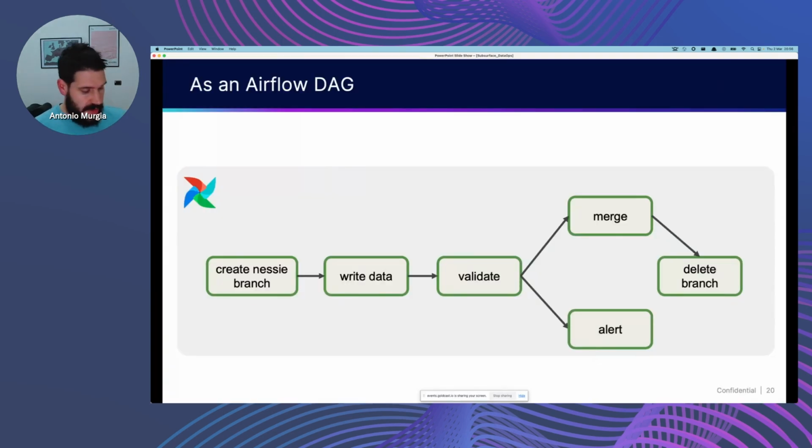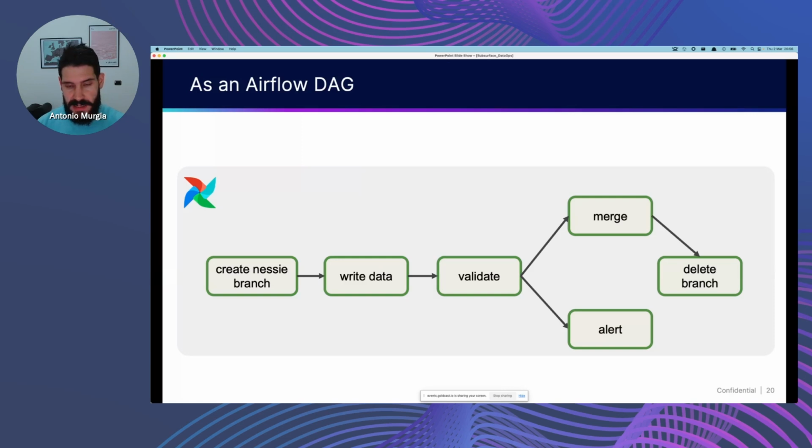And so here I propose a way of dealing with this write-audit-publish pattern using Nessie. You will see it's really, really simple. And I also have a demo about this. So let's say our workflow looks like this. First of all, we create a new branch. Let's call it staging branch. Then we write the new data on this staging branch.